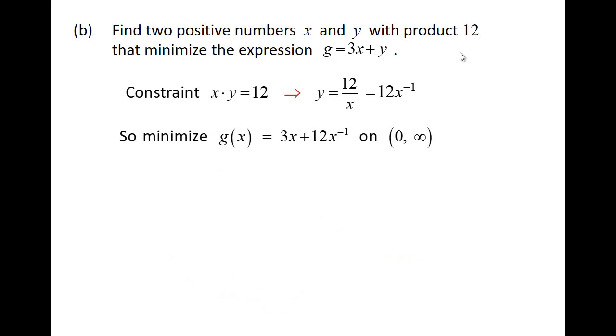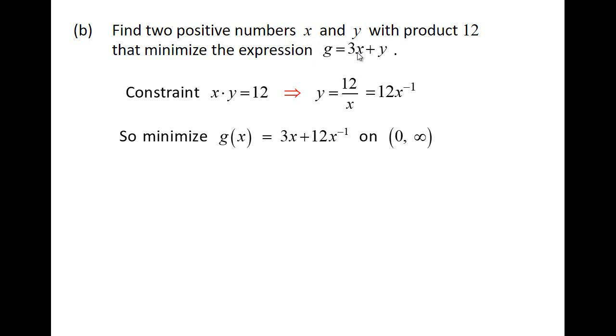So notice that we could pick x and y to be 3 and 4. Their product would be 12, and then when we plug in 3 and 4 here, we get 9 plus 4, which is 13. So we would be getting 13 if we pick x and y to be 3 and 4. If we pick x and y to be 2 and 6, then we're going to get 6 and 6 here, so that's 12.